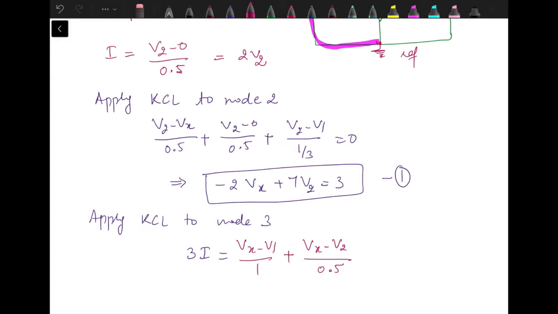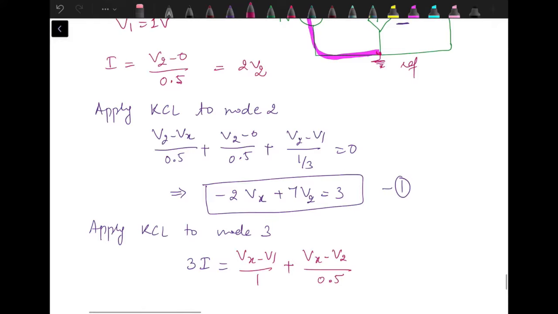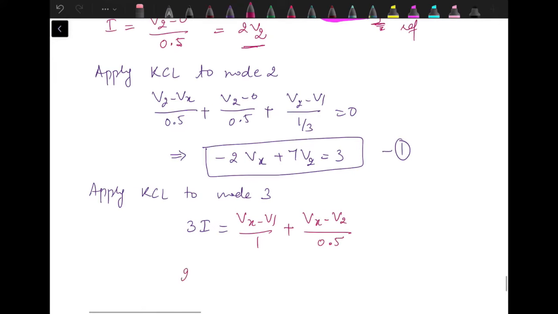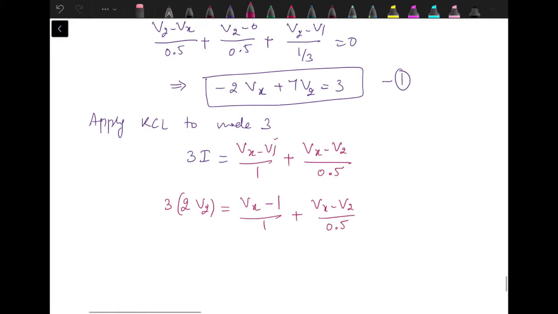Now when we substitute the value of I as 2V2, 3 into 2V2 equals Vx minus 1 by 1, V1 has value 1 volt, plus Vx minus V2 by 0.5.